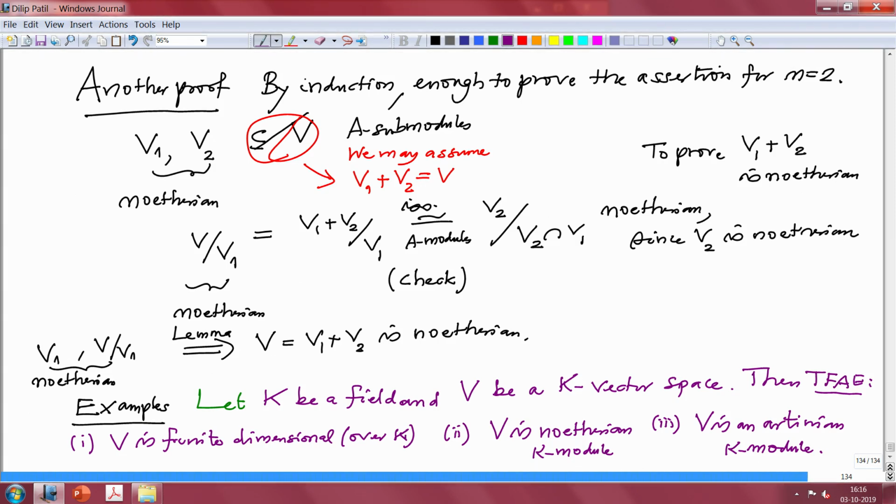This is very easy to prove, because once it is finite dimensional, if you have a chain, whether ascending or descending, at each stage the dimension will increase by at least 1 if it is ascending and proper. If it is descending, the dimension will drop by at least 1 if it is a proper inclusion. So the chains cannot go on forever in both cases. So that is the idea.